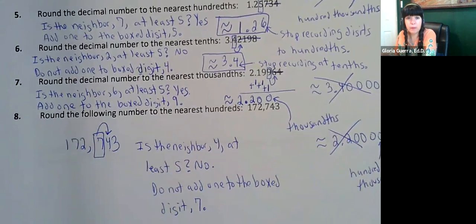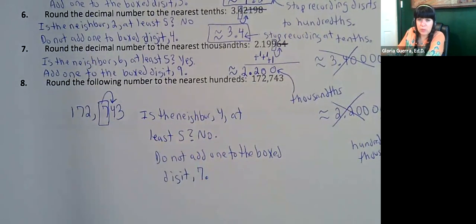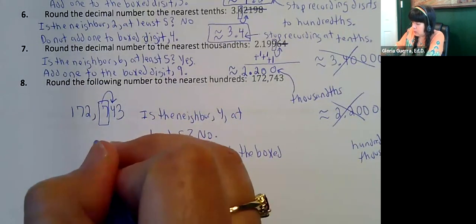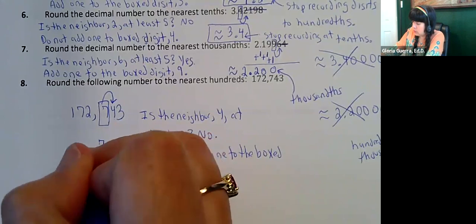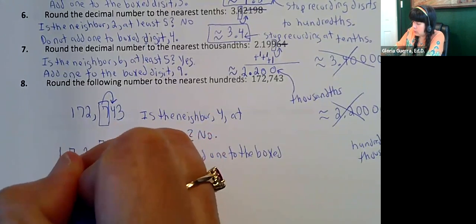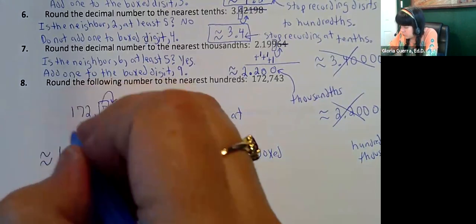All right. So then the 7 will remain the same. And then comma 2, 7, 1, approximately equal to, right?